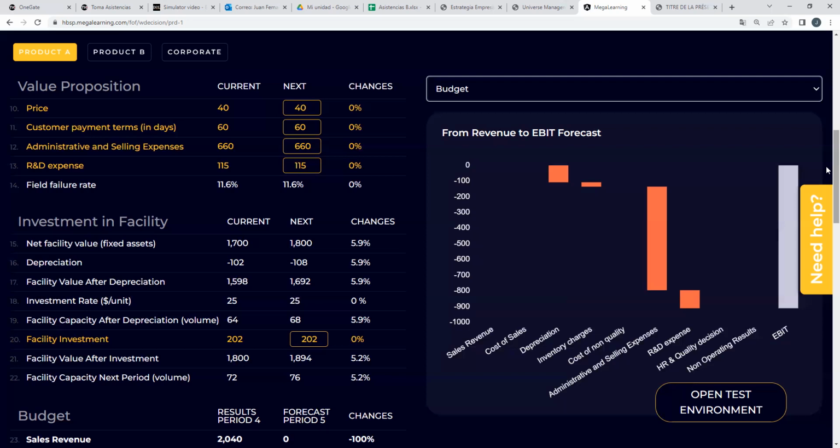But for example, you might think, I would like to increase this price a little bit, because price elasticity of demand is important. So if you increase the price from 40 to 42, the simulator calculates this as a 5% increase in the price.